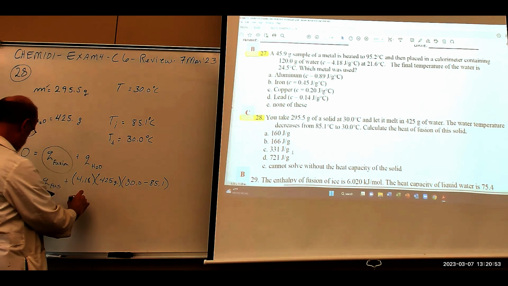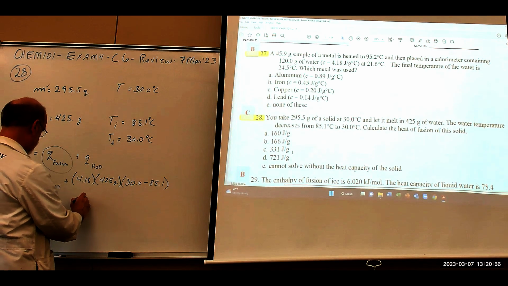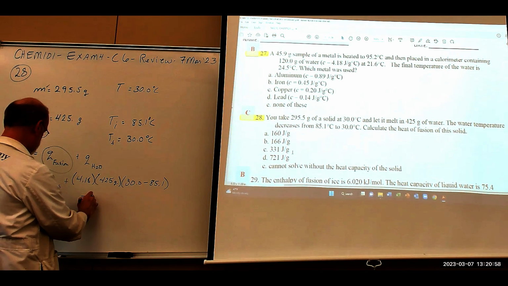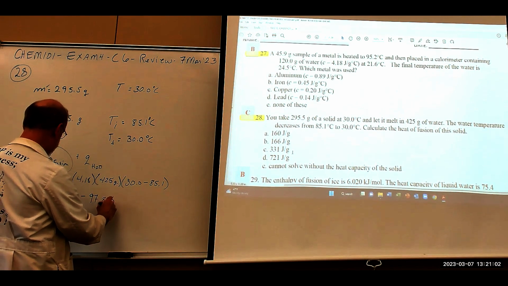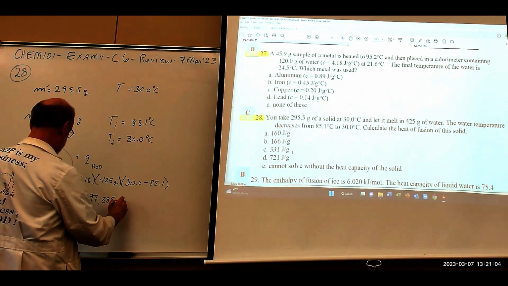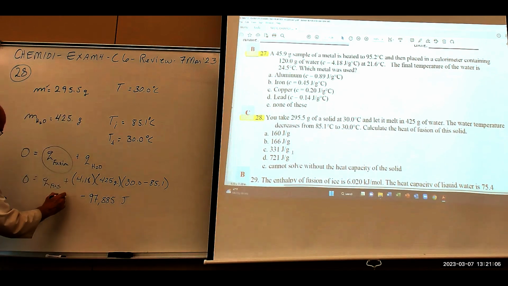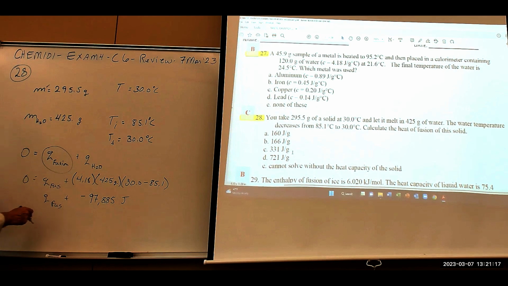Okay. I get minus 97,885 joules. Okay, so the Q of fusion would be this value, positive that value, right? Just move it over here. Now it's a positive value.